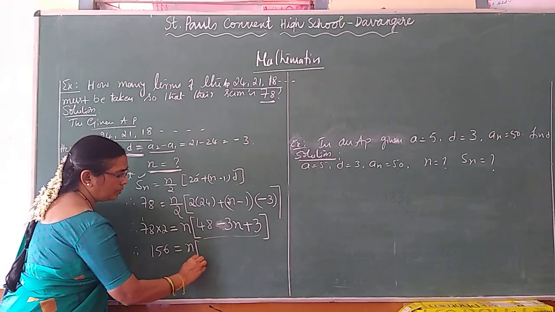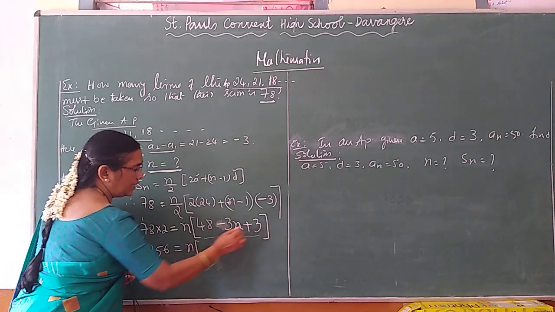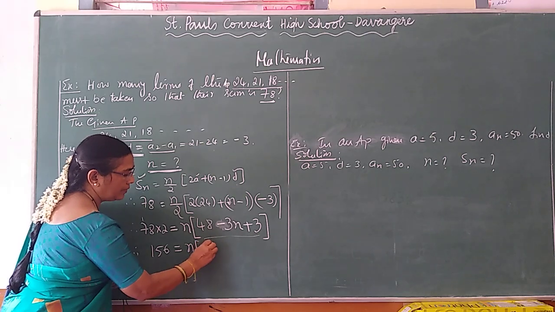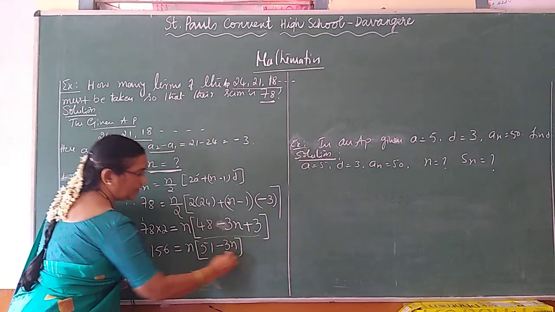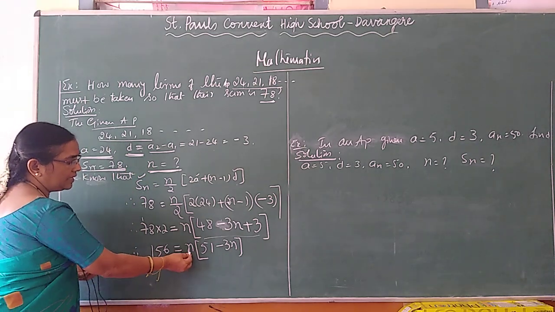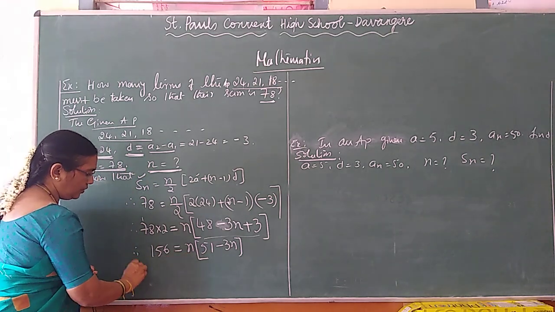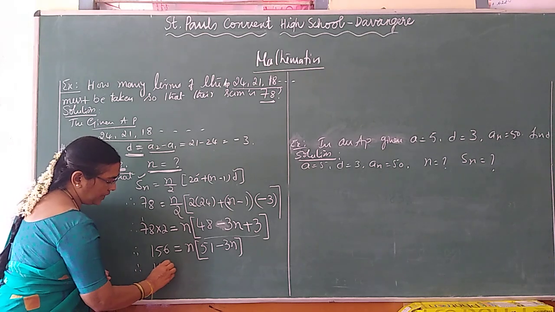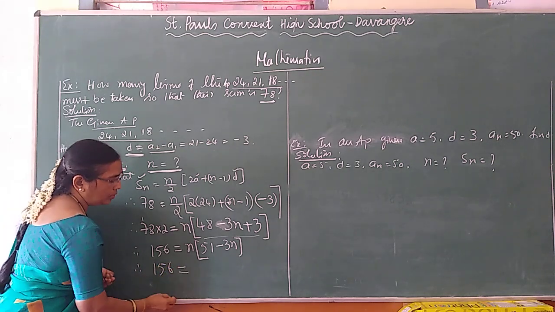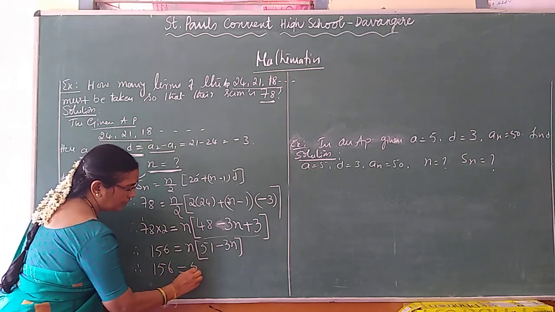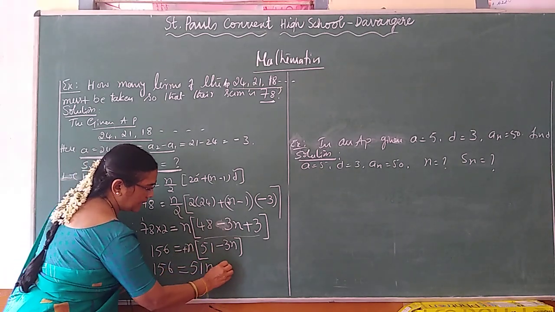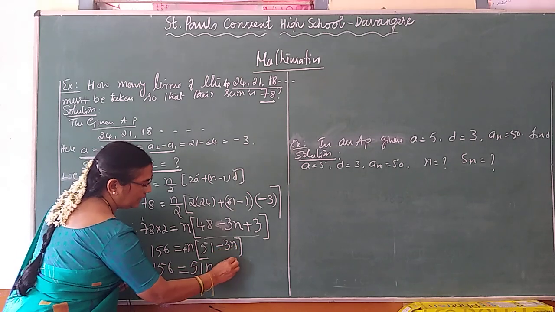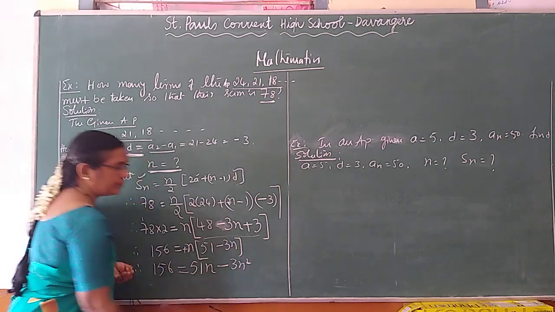So N into 48 plus 3 is 51, minus 3N. Okay children, now you take this inside. Therefore, we get 156 is equal to 51n, 51n plus into minus, minus n into 3n, 3n square.